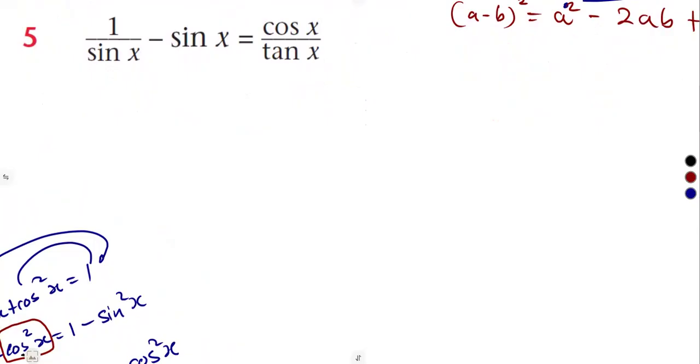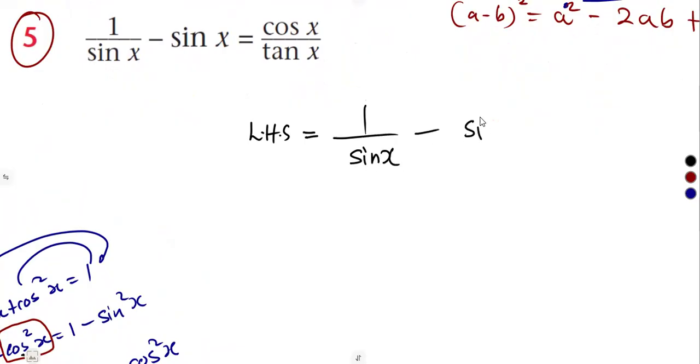All right. So on number 5, we're going to choose which side to work with. The complicated side. We can choose the left-hand side, which is much more complicated in this case. So our left-hand side is equal to 1 over the sine of x minus the sine of x.